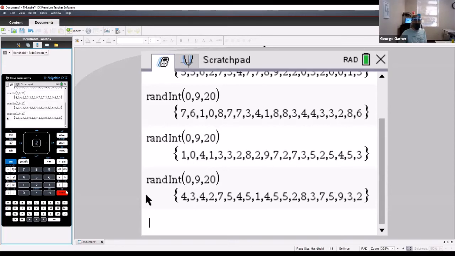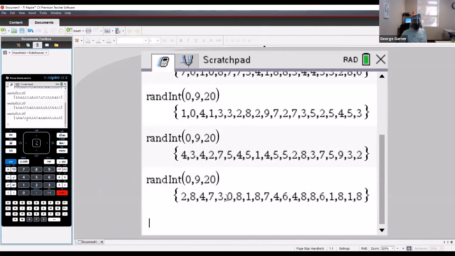And the last one: 1, 2, 3, 4, 5, 6. 6 out of 20. I'm going to average those up in a minute to get a result. Did you guys get that to work okay? Questions?